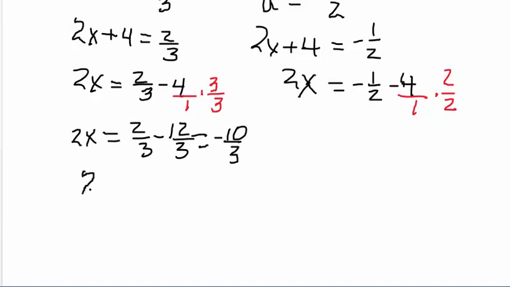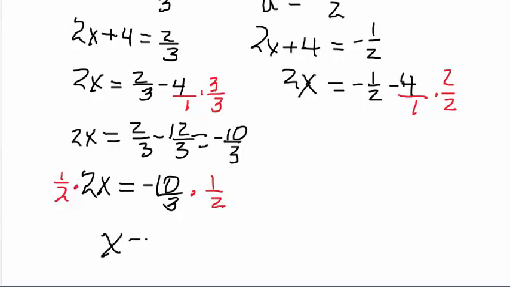So I have 2x equals negative 10/3. So I'm going to multiply both sides of this equation by 1/2, which is the same as dividing by 2. So here I get x. Since 2 divides into negative 10 negative 5 times, I get negative 5 over 3.